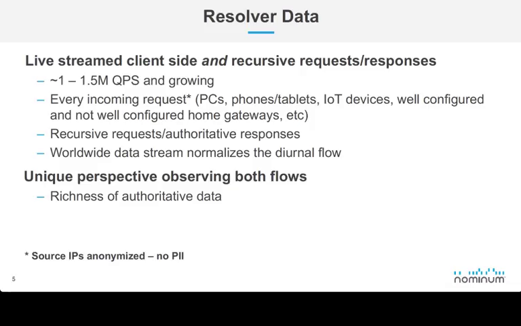The primary source of data we have is the caching data from telecoms, and we build algorithms that analyze it in real time. We also have authoritative data, but the big difference between authoritative data and caching data for our research is that we have streams from the same client IP.